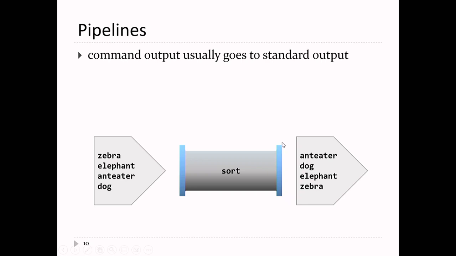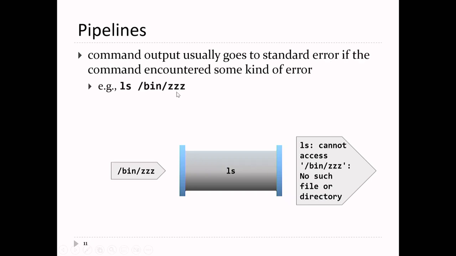Okay, so command output usually goes to standard output. So sort, if you give it a list of words to sort, it'll write the output to standard out. If your program encounters an error, and the implementation of the command that you're using is written well, then any error output will go to the standard error stream.